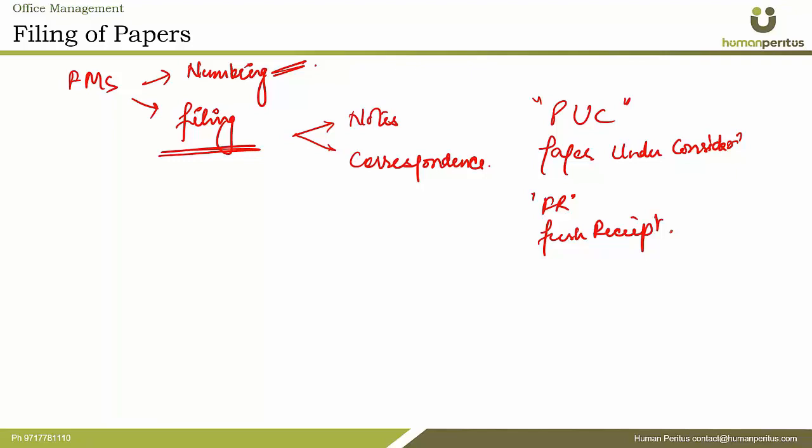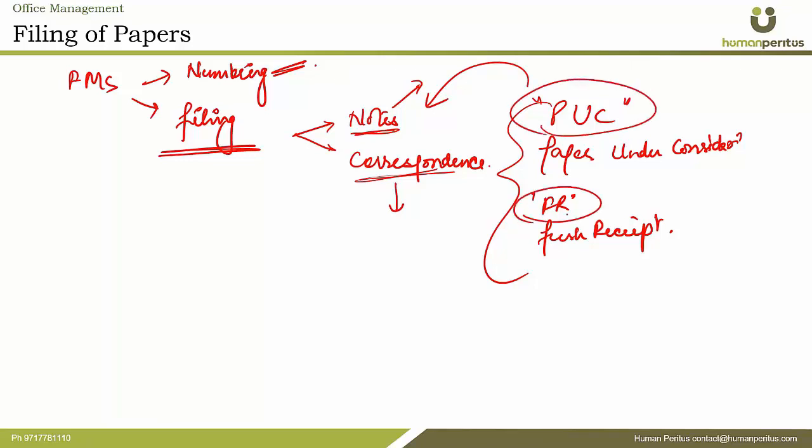So filing of papers means we are placing the papers under these heads in the correspondence portion or the notes portion of the file. There are two portions, and in either portion we have to put the papers. For putting those papers under these heads, we need to first tag the papers: are these papers under consideration or fresh receipts?